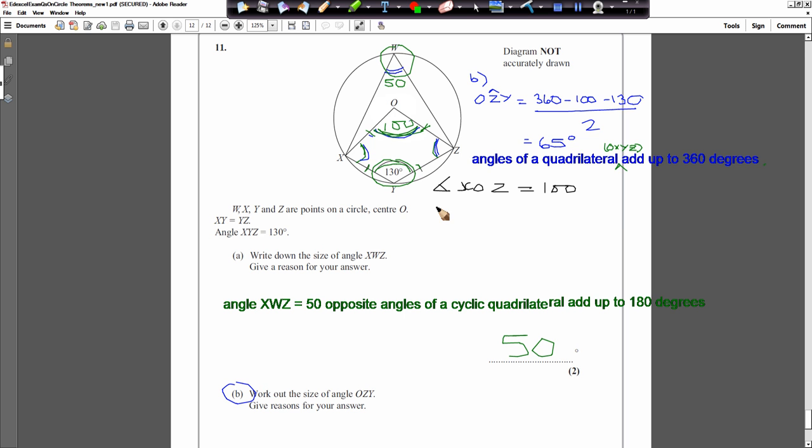What is the English for that? Sorry, the mathematical explanation for that. What do we say?